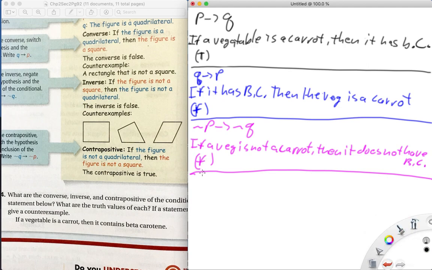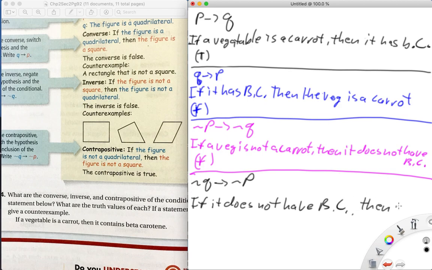All right. Then the last one is the contrapositive. If not Q, then not P. So if it doesn't have beta carotene, then the vegetable is not a carrot.